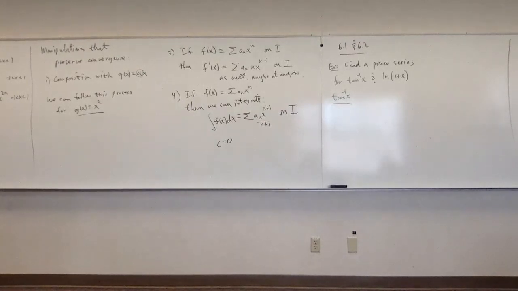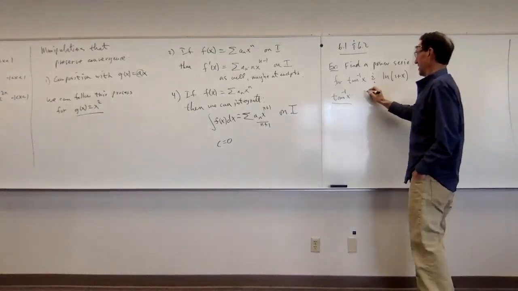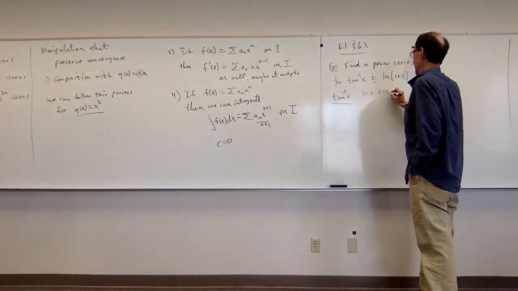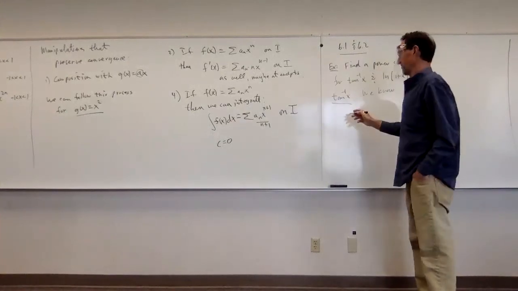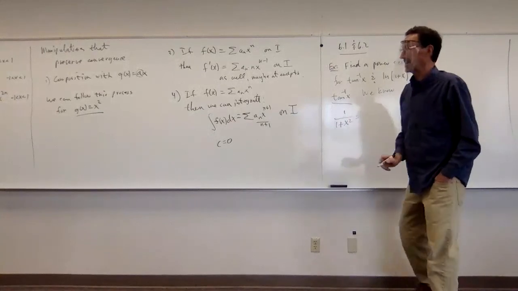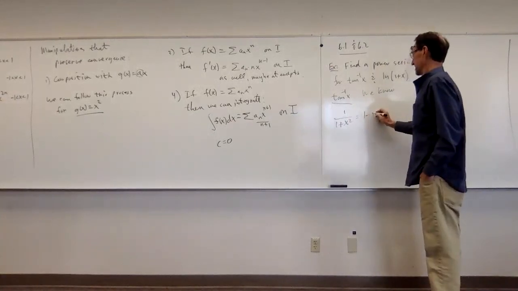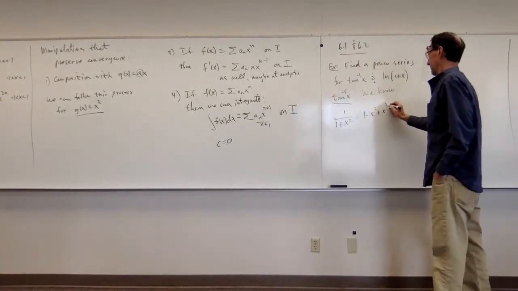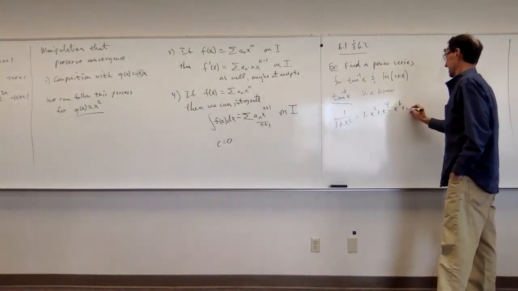Since we know 1 over 1 plus x squared, we should use the antiderivative, the last one that I showed you. Because it's on the list of important ones, 1 over 1 plus x squared, I'm going to write it out in long form: equals 1 minus x squared plus x to the 4th minus x to the 6th.